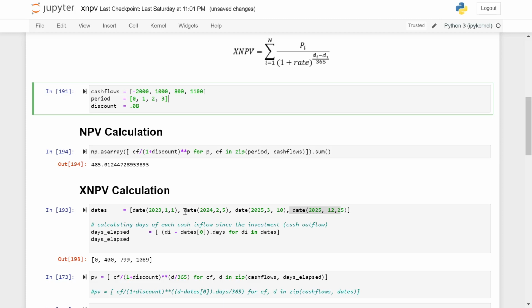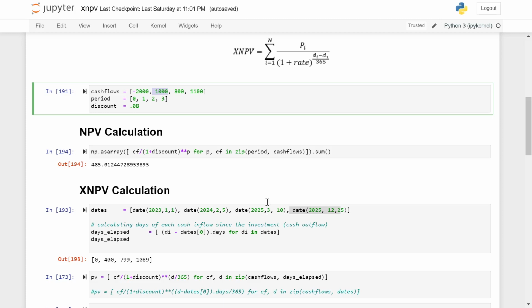So this is the first cash inflow. And when did this take place? 5th Feb 2024. I mean, of course, it's a future date. So how many days have elapsed since this date? 400.